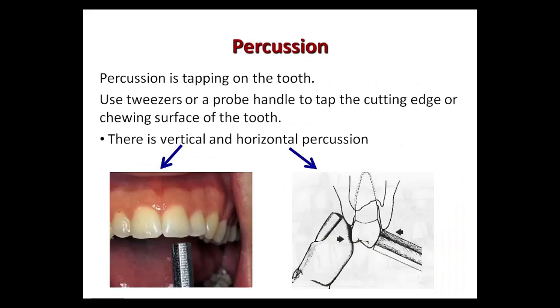Next method, number 4 from the first basic group, is percussion. Percussion or tapping on the tooth. We tap on the tooth using a special instrument. Usually we use tweezers or probe handle to tap the cutting edge or chewing surface of the tooth.